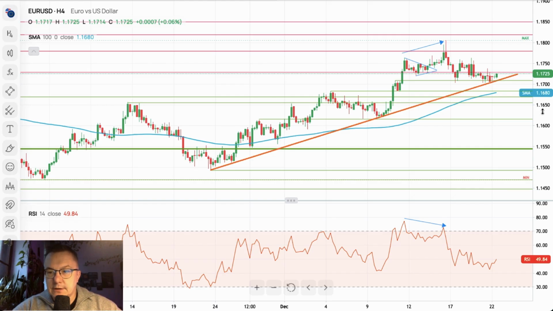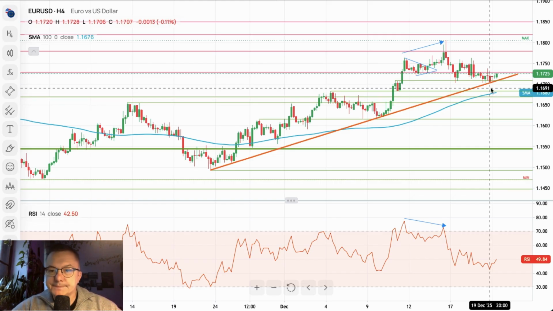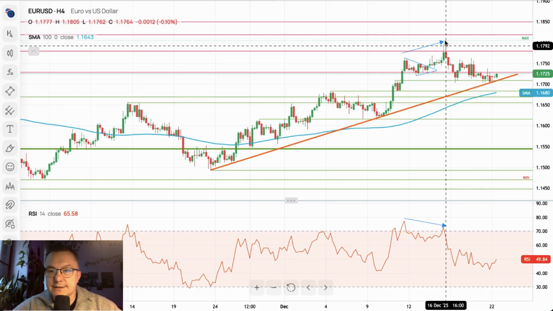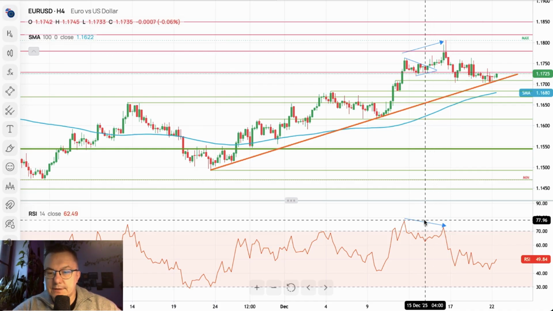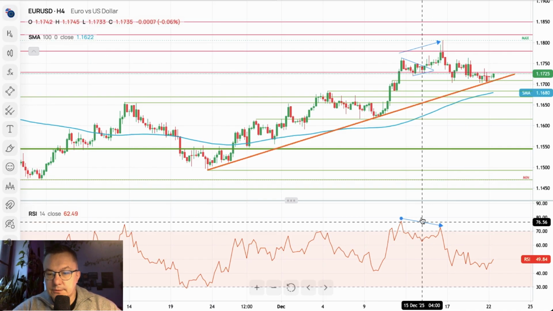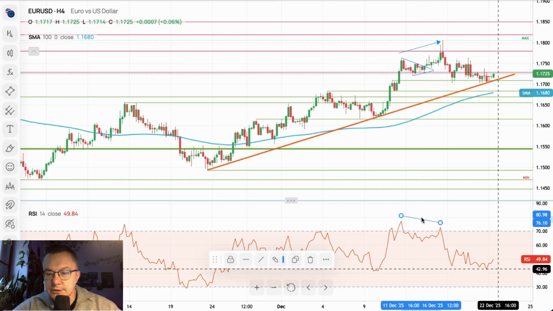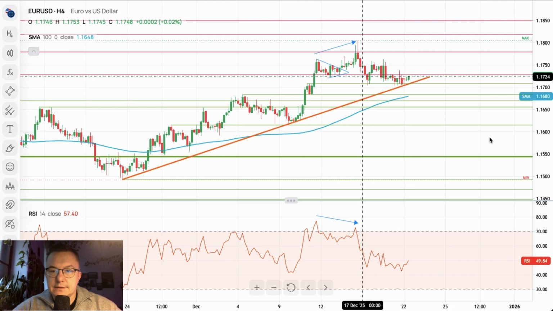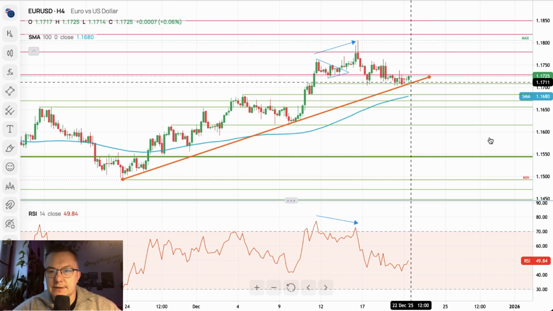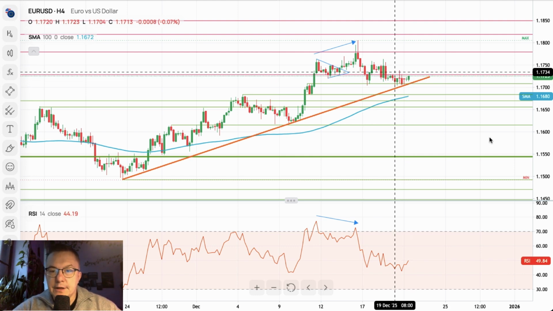The 100 periods moving average is located at 1.1680, and these days, as you can see, after the bearish divergence has been played out, the market went with the momentum lower. It went down as low as 43 points, and these days it looks like it is time for a little bounce.